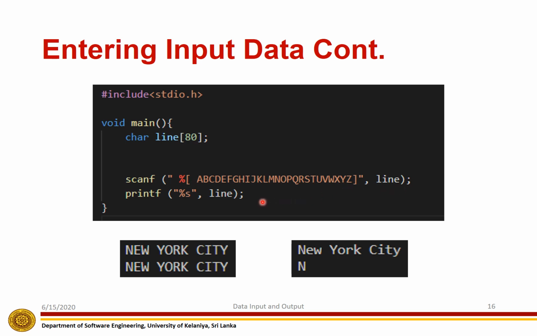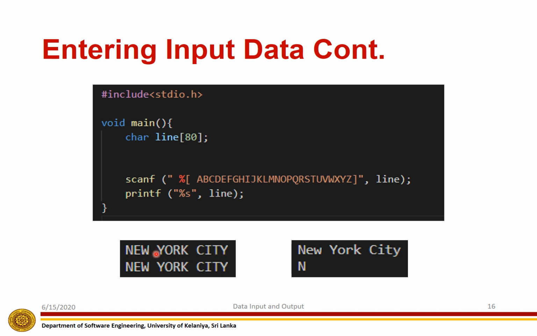In here I have given a printf function just to get the output and to give you an explanation about this scanf function. So see the first example. If we run this program, it will give a cursor to us to give the input. So first I have given the input as New York City.